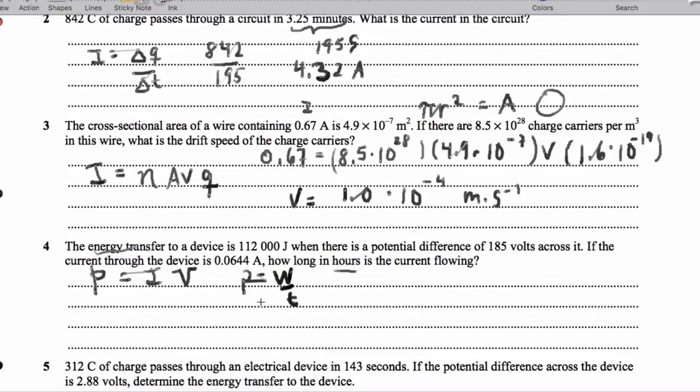Let's put these two formulas together. 112,000 joules divided by our unknown time is going to equal 0.064 amps times a voltage of 185. And so when we isolate the time, it's going to be a delicious number.